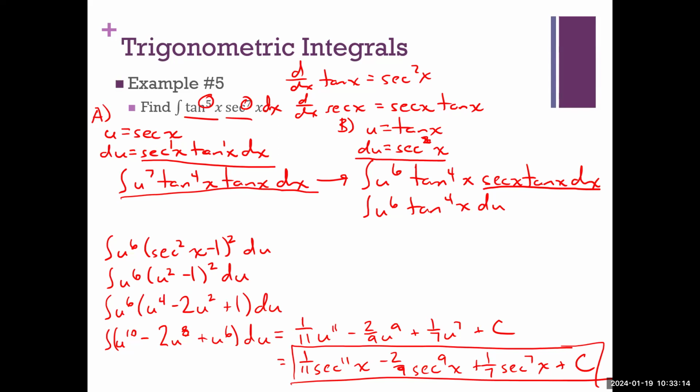Go ahead. Going back to the second step, instead of turning the tangent into secant squared x minus 1, would you not have been able to take all four of the tangents and four of the u's and then make it secant x tan x four times? Secant x tangent x four times.